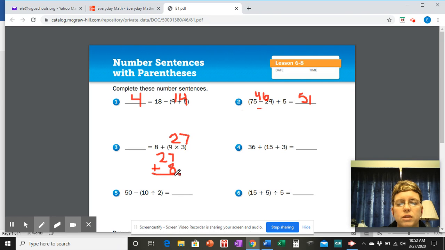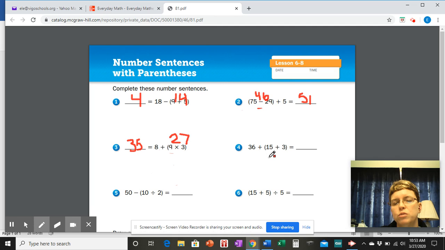So 7 plus 8 is 15. Carry my 1. 2 plus 1 is 3. So our answer is 35. Going to erase this so we have more room to work.